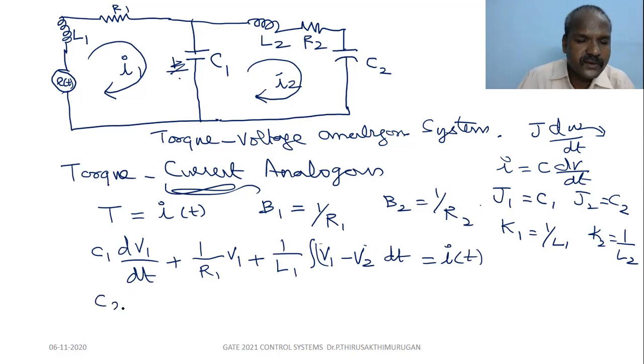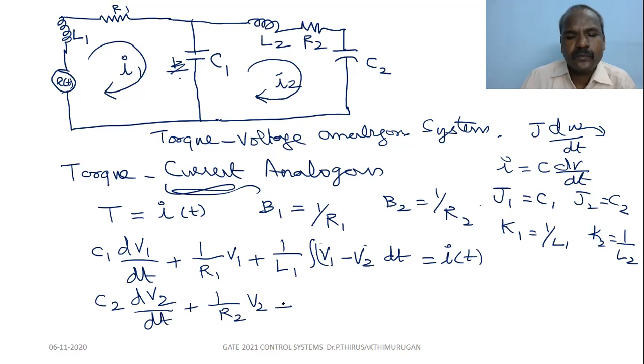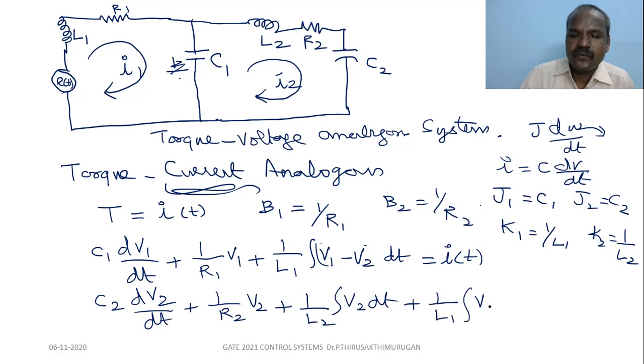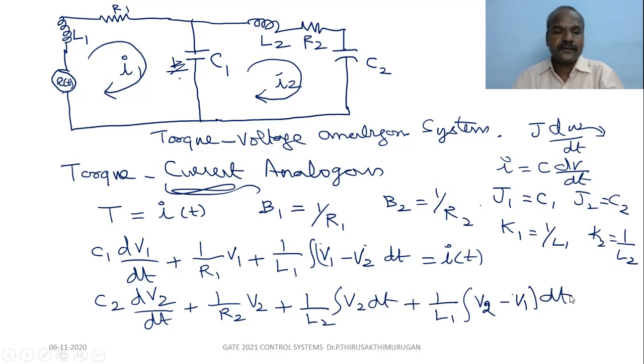Similarly, C2 dV2 by dt plus 1 by R2 V2 plus 1 by L2 integral V2 dt plus 1 by L1 integral of V2 minus V1 dt. Am I right?